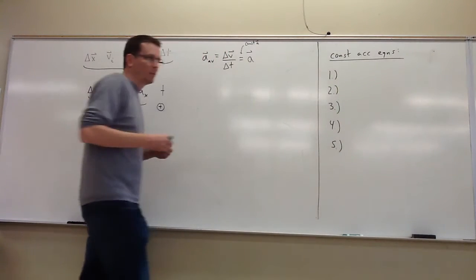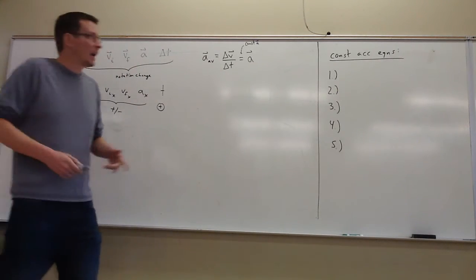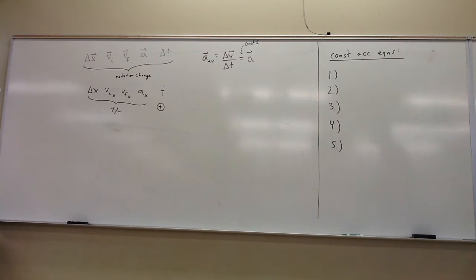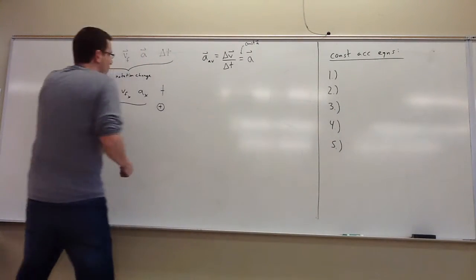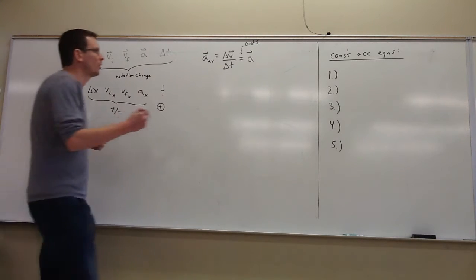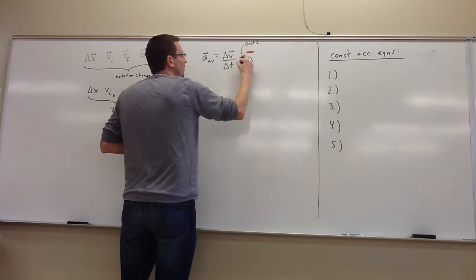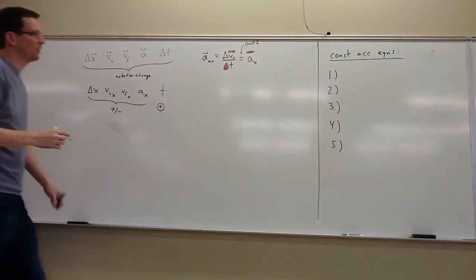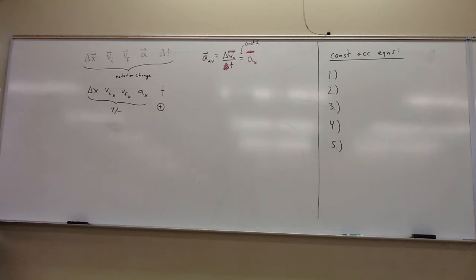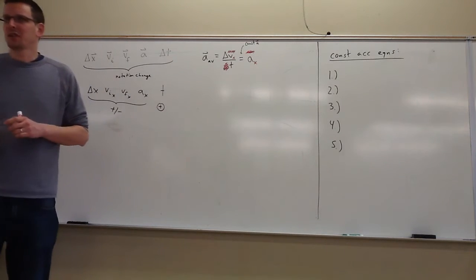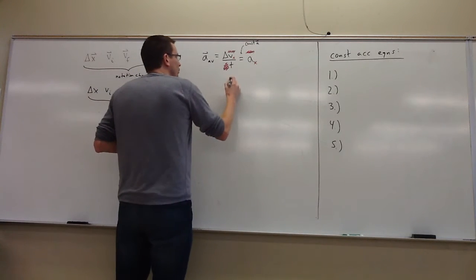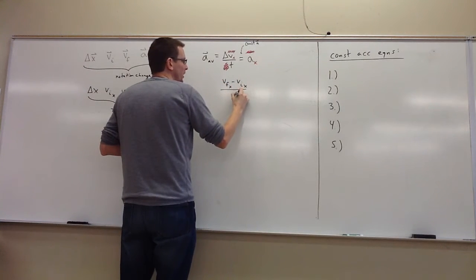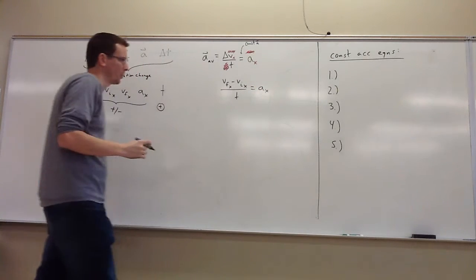So all I'm going to do with this equation is rearrange it, and it's going to be my equation number 1. First of all, I want to do my notational change here. So I'm going to drop the hats, put in x subscripts instead, and drop the delta on the t. And then for reasons that are just bordering on practicality, what I have at the current moment is v final minus v initial over t equals a.